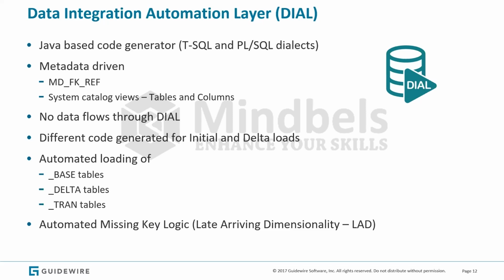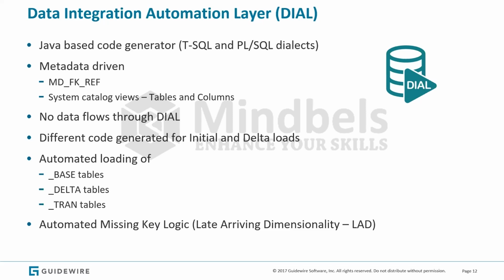Whenever we create a DDL script for creating tables, we have to ensure that whatever constraints we create on the base table, delta table, or the transaction tables, we create an entry into MDFK ref, from which the dial picks the references, and it drops the constraints from all the tables before loading the data. After the data is loaded into the tables, it recreates those constraints on those tables.